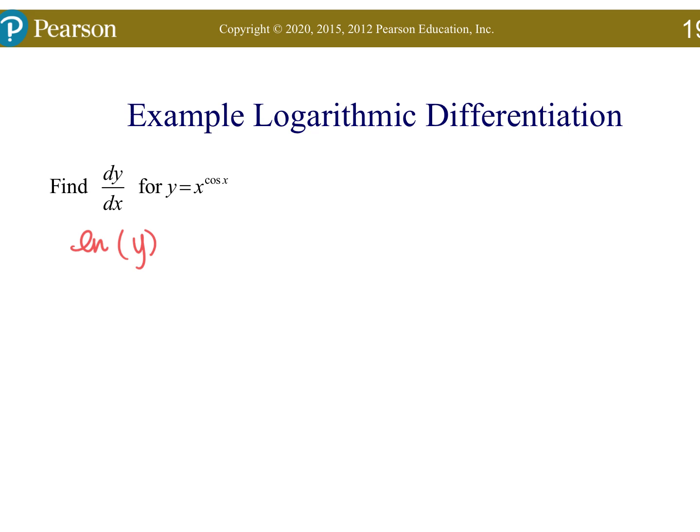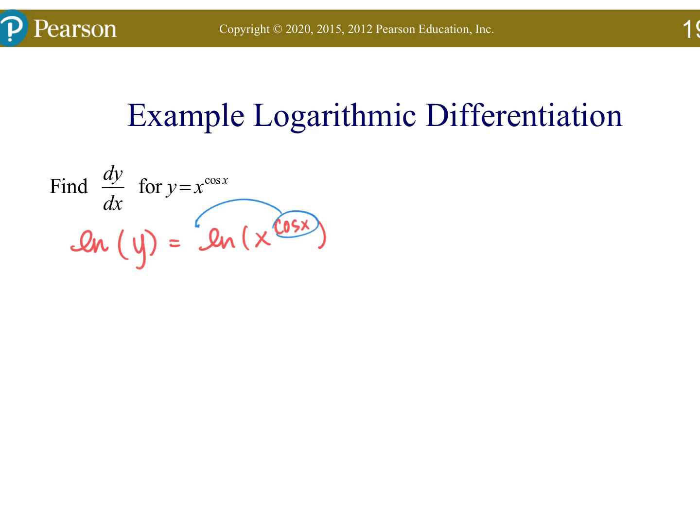If I introduce a logarithm to the left side of the equation around y, I would also need to introduce a logarithm to the right side around x to the cosine of x. By doing that, I invoke a property of logarithms that's going to be really helpful to me. Hey, what property do I get to use now that I've invoked logarithms? Bring it to the front. Okay, bring the cosine out to the front.